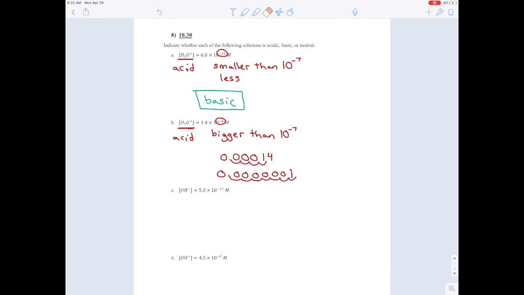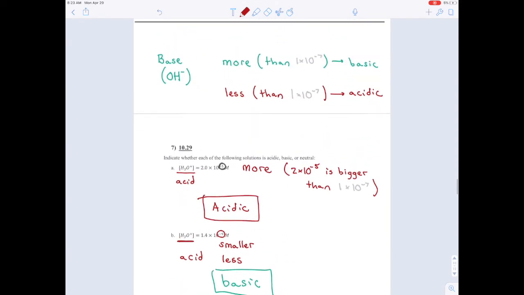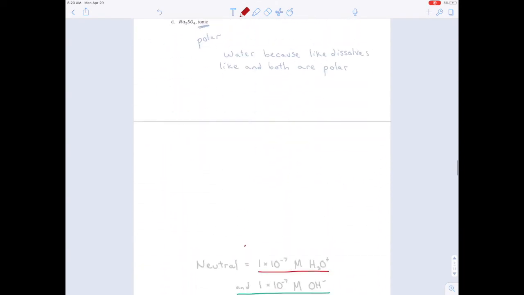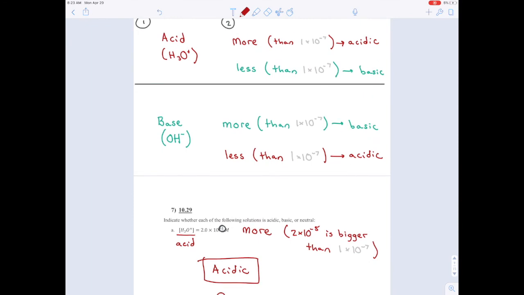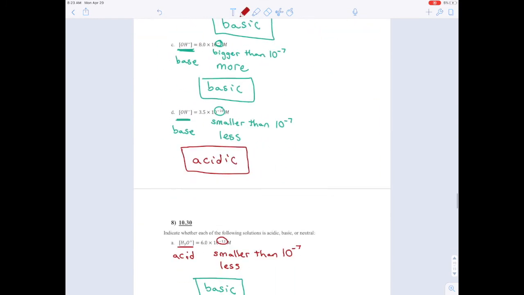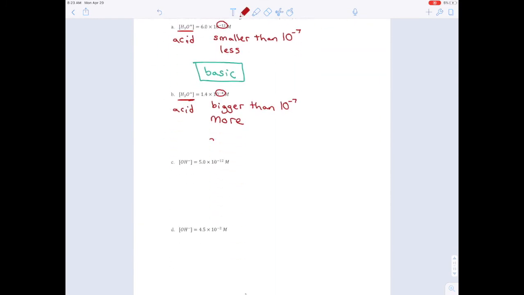Okay, so 1.4 times 10 to the negative 4th is bigger than 1 times 10 to the negative 7th. So we have more acid than neutral, that means that the solution is going to be acidic. So this is acidic.